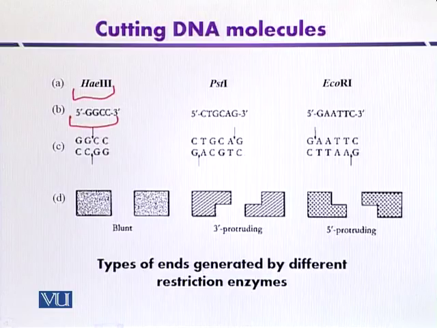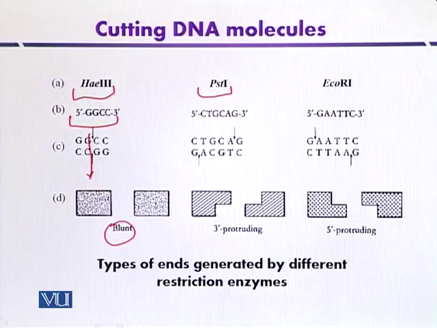So HaeIII recognizes GGCC, and when it cuts the DNA here, at the recognition site, it produces a blunt end. Blunt end means that there are no single-stranded protruding overhangs.